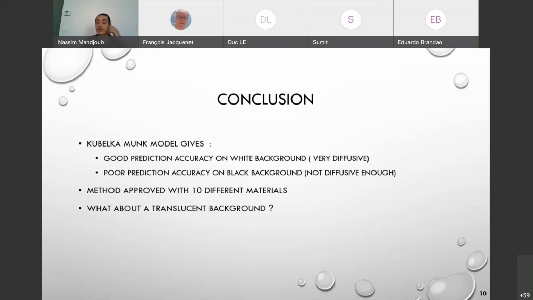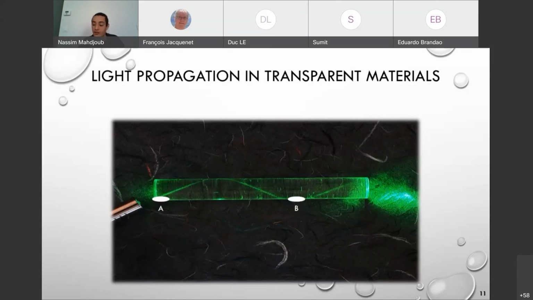But now we are asking ourselves, what if we use a translucent background? What will we get as a result? For the second part of my internship, we are working on light propagation in transparent materials.